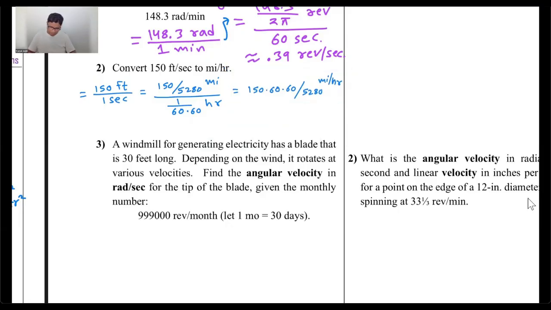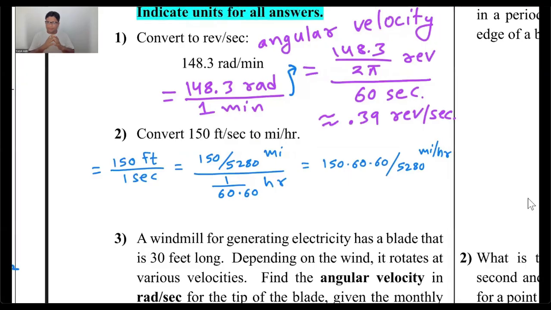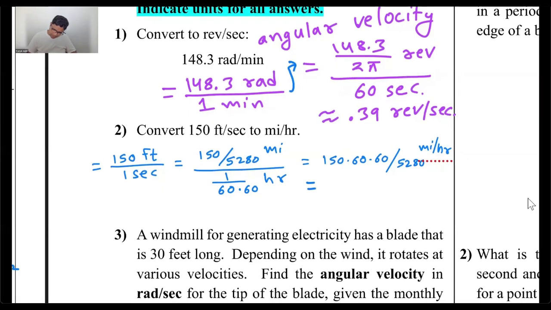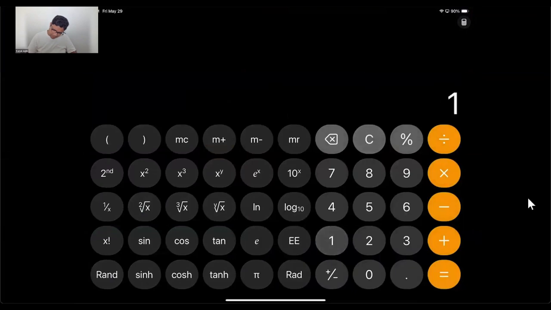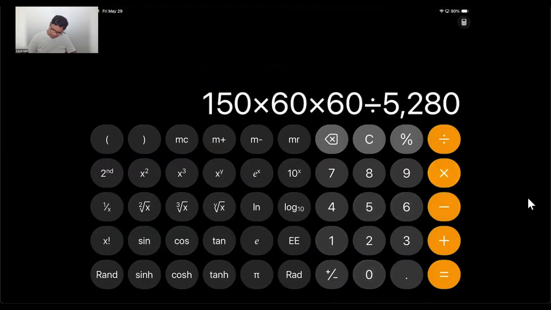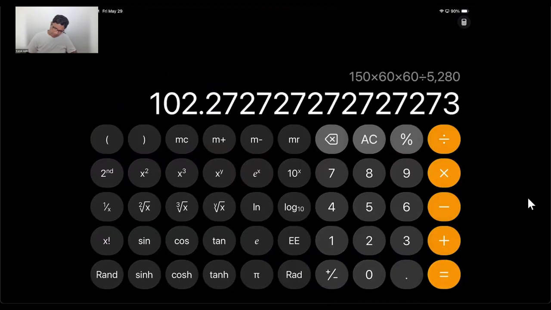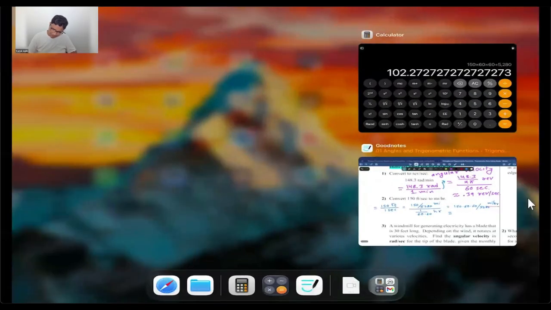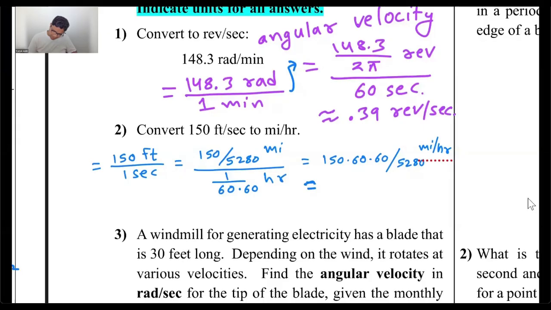Now put that in a calculator. 150 times 60 times 60 divided by 5280. 102.2727. Okay, so approximately 102.27 miles per hour.